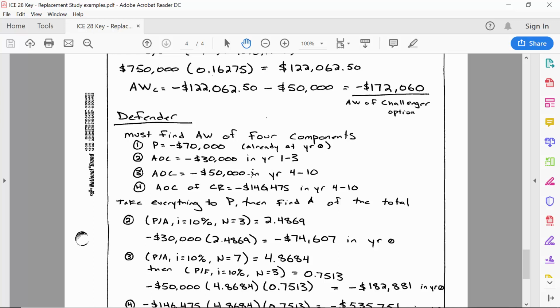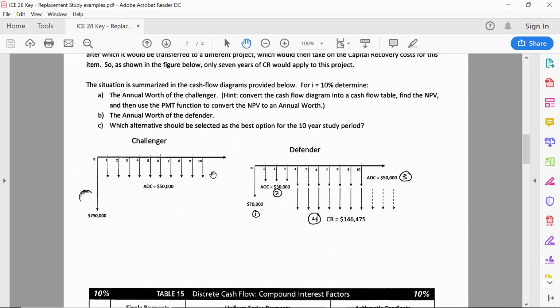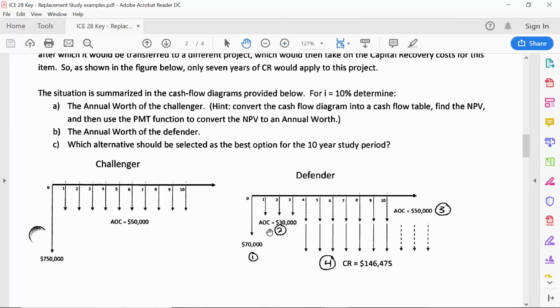And so if you look, there's 4 pieces to the cash flow diagram. I've drawn here that there's this amount that's already at the present, this amount that is in just 3 years, and we've got these operating costs, that's component 3, and then component 4, although this equipment lasts for 10 years, we're only responsible for 7 years of it.